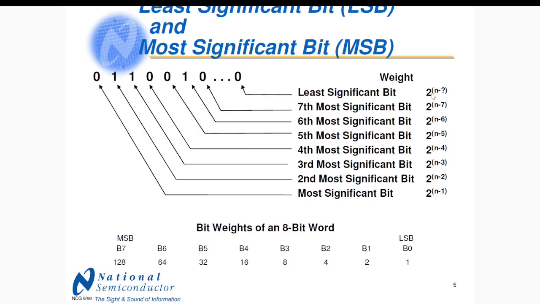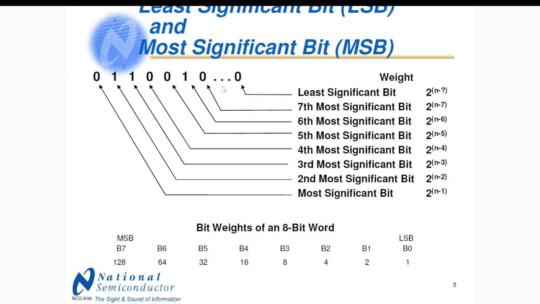In the next slide, least significant bit and most significant bit. I think every one of you already knows that. This is just representing a binary number. This is the least significant bit, which is 2 to the power 0, and this is the most significant bit, which is 2 to the power n minus 1, where n means the total number of bits.